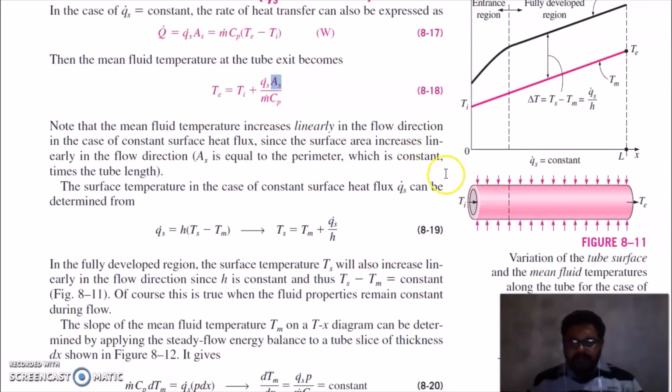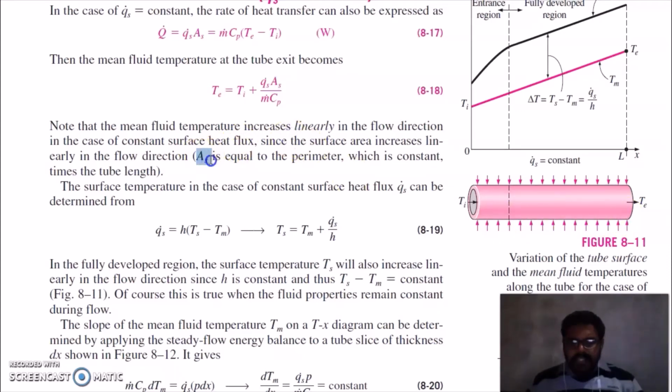The variation of As is linear. Take this cylindrical tube, and if you take the surface area up to this cross section, it is 2πRL, which is the surface area of the cylinder, and if you go along the length of the cylinder, the surface area will increase linearly.